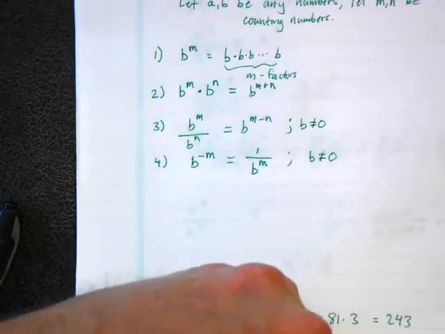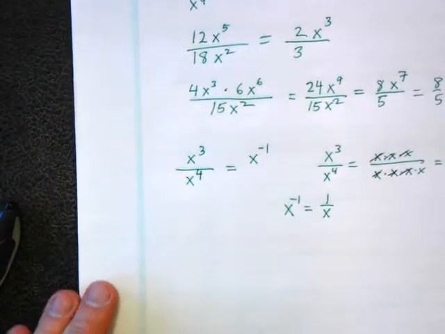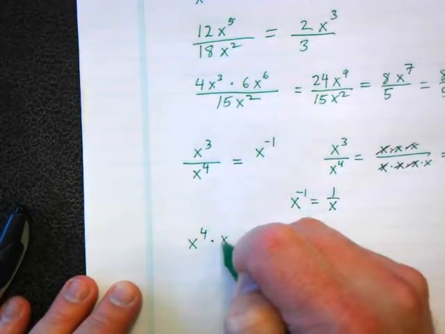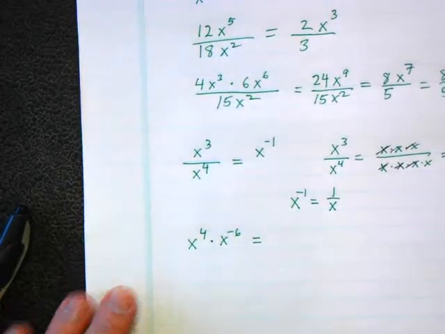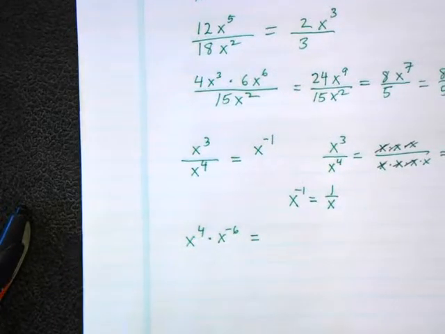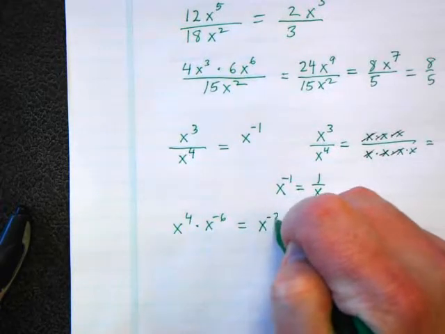Okay, so you're going to see problems like this, problems where you have negative exponents also. Let's say I gave you x to the 4th times x to the -6. What would you tell me x to the 4th times x to the -6th is? You would add your exponents. You would tell me it's x to the -2.